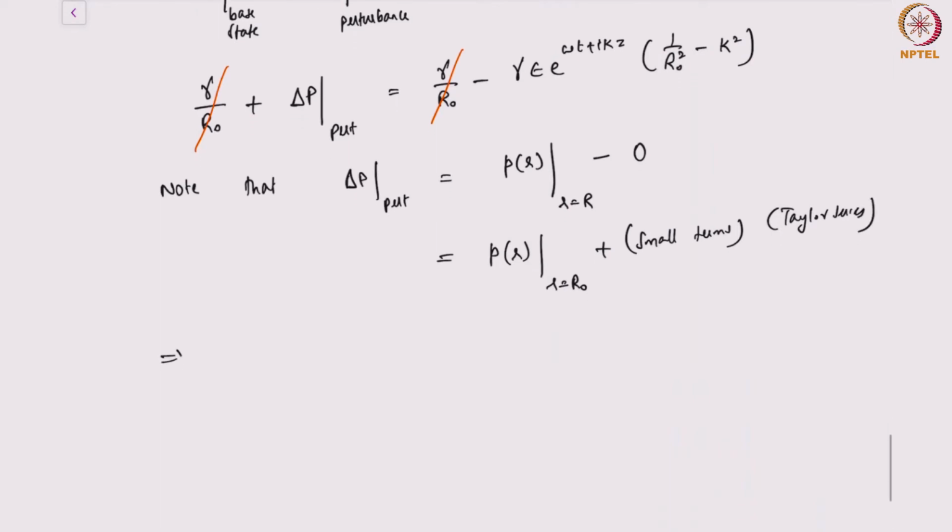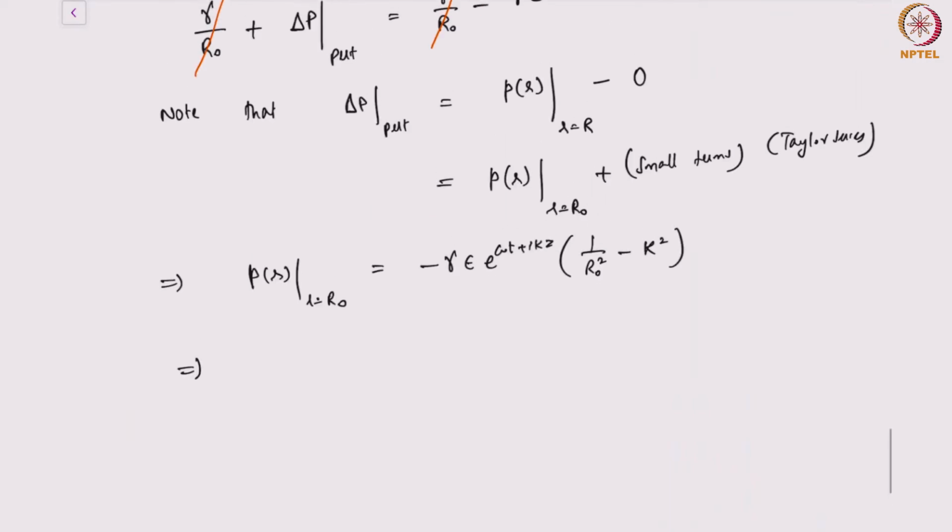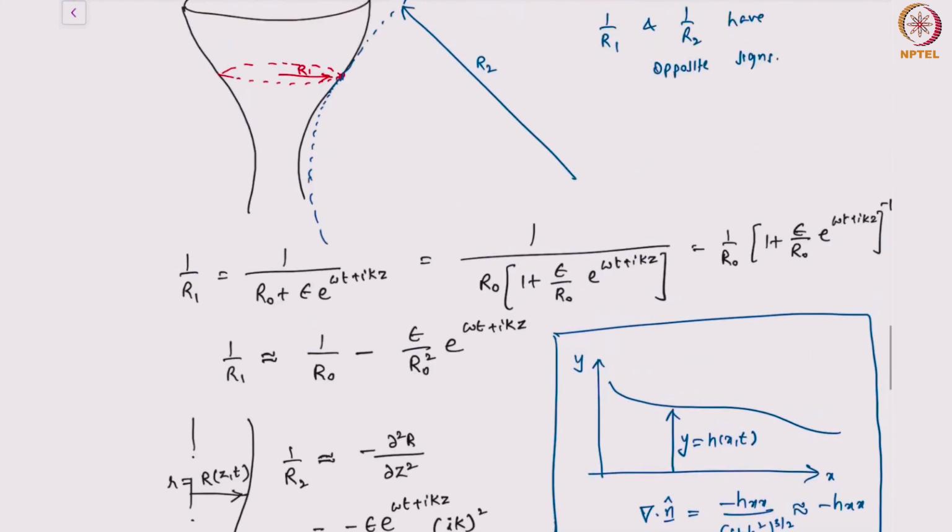So therefore I have p at R equals capital R naught is nothing but minus gamma epsilon e power omega t plus I k z times 1 by R0 square minus k square, right? We have already got the expression for p at R equals capital R naught. What is the expression?